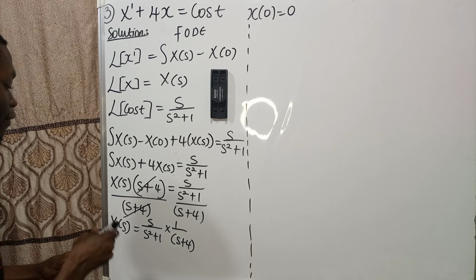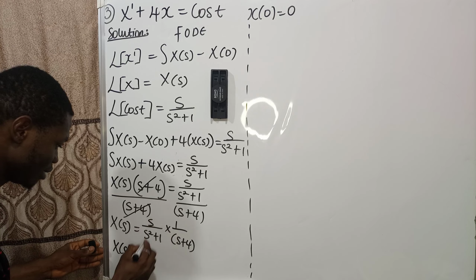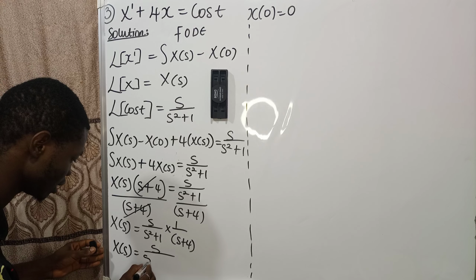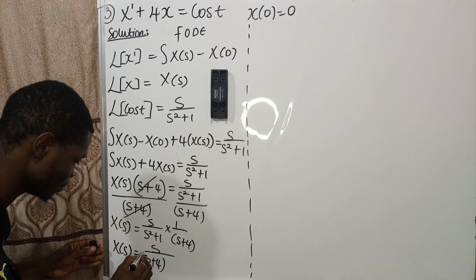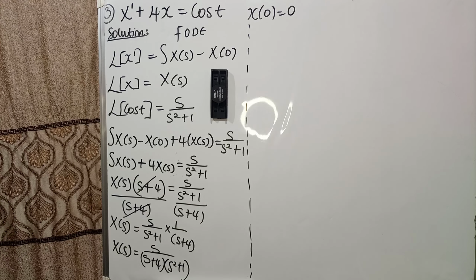So we are going to have X of s equal to s all over, this time this will give us, s plus 4 times s squared plus 1. Can you see it from there? Okay, beautiful.